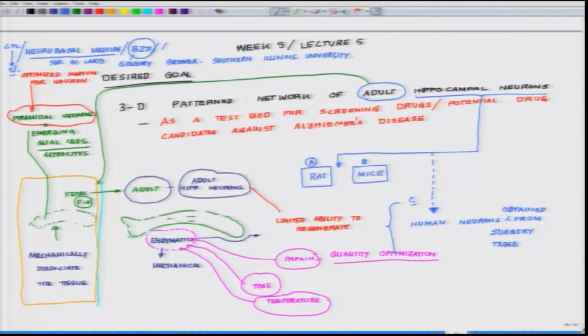This is supplemented by antibiotic and antimycotic, and there is another component which is added, which is called glutamax. Glutamax is basically a dipeptide of glutamine.